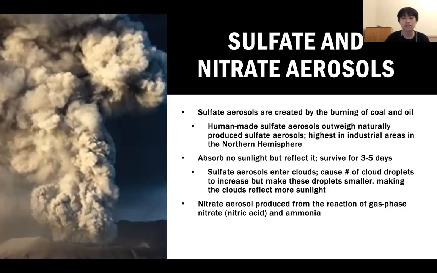And the concentration of sulfate aerosols is highest in industrial areas in the northern hemisphere. Sulfate aerosols absorb no light but reflect it, and they often survive for 3 to 5 days. And they often enter clouds, which causes the number of cloud particles in these clouds to increase, but also makes these cloud droplets smaller. And this makes the clouds reflect more sunlight.